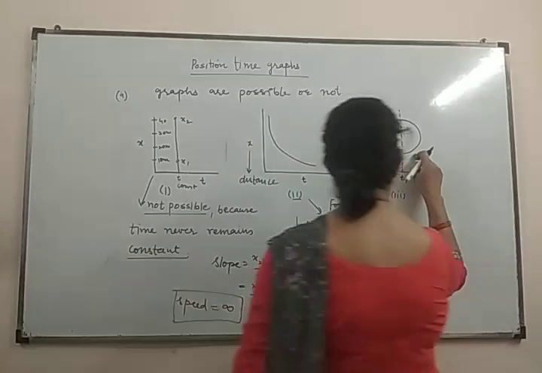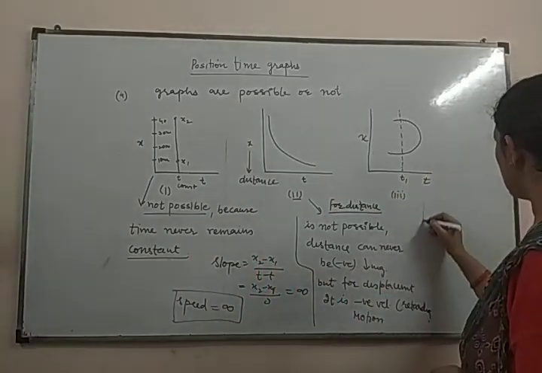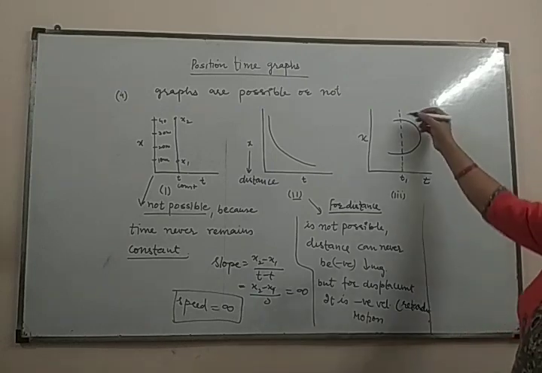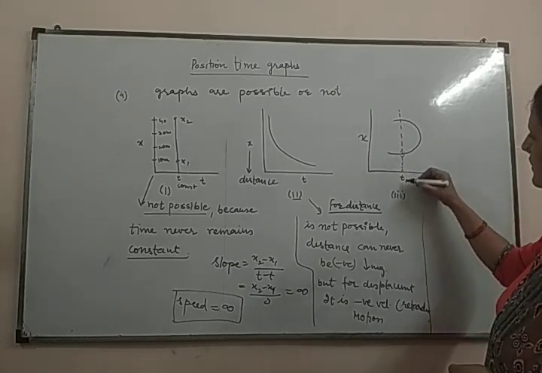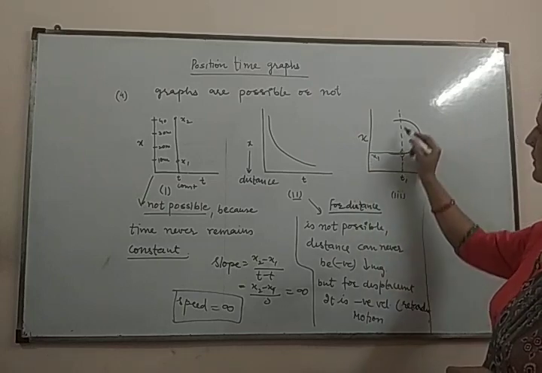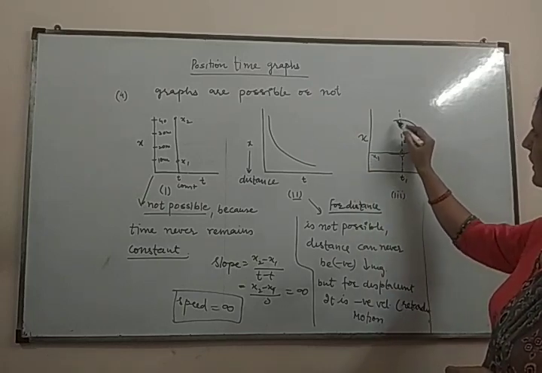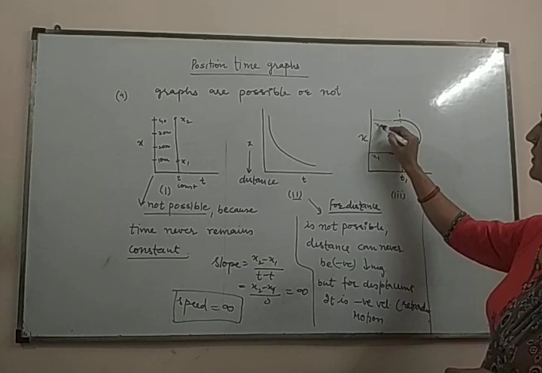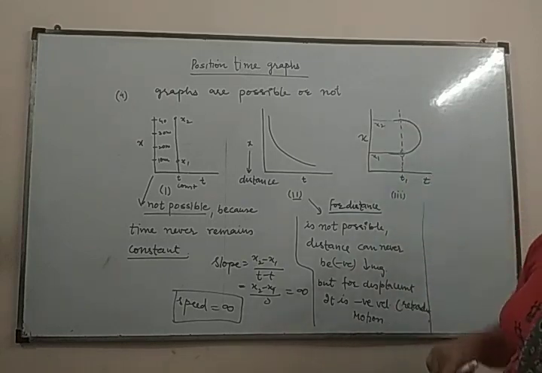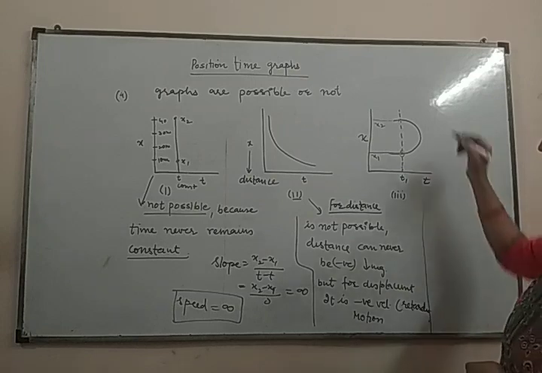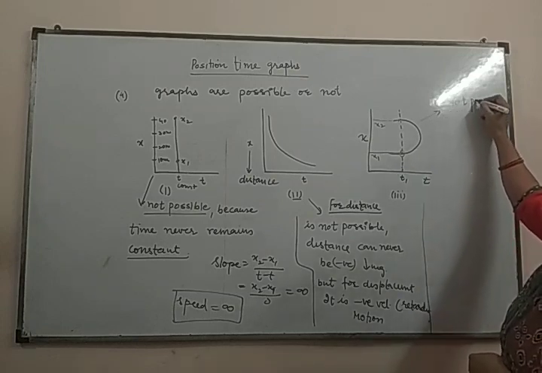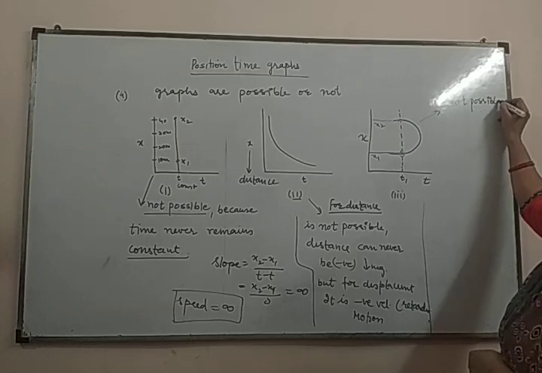What about the third case, whether this graph is possible or not? At time t1, the position is x1. At time t1 again, the position is x2. So at one time, the object cannot be at two positions. So this third case is again not possible. Why is this not possible?